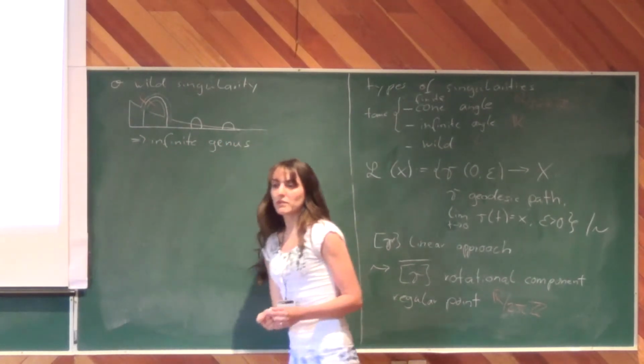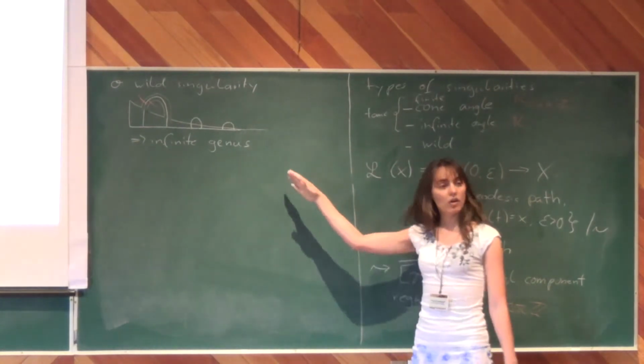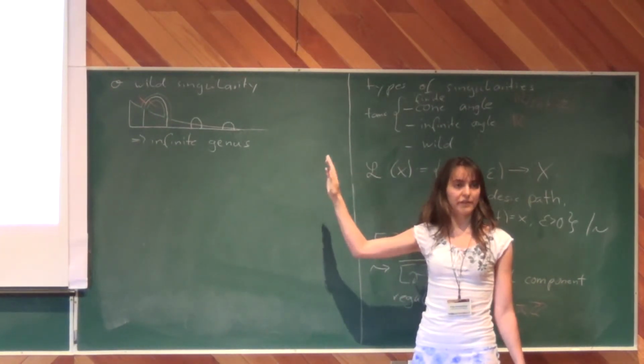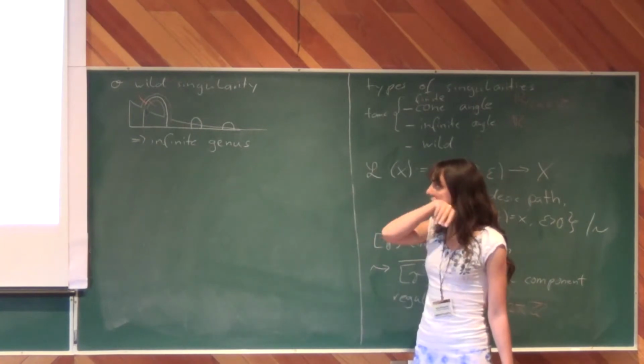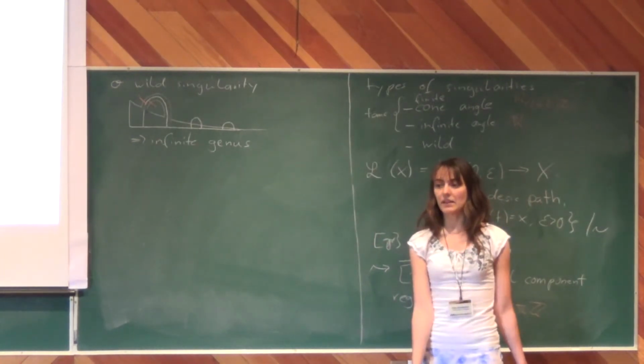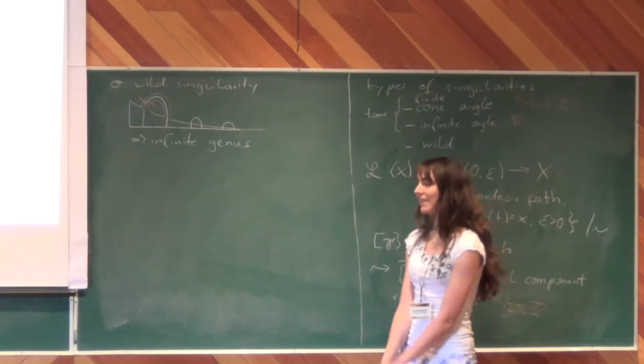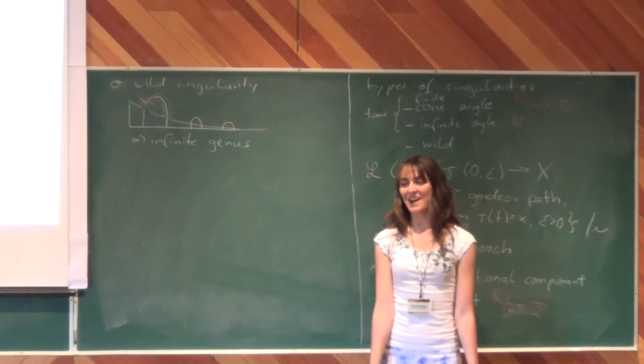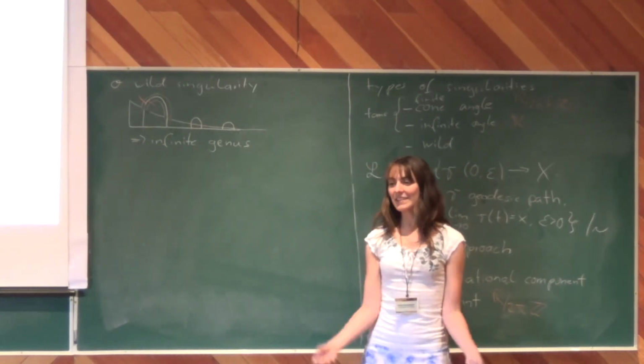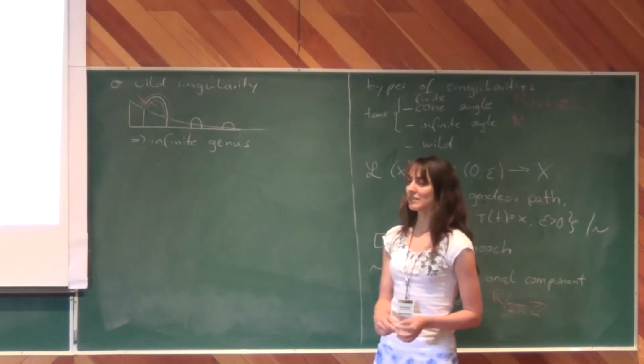And it would be very nice if this would work for all wild singularities on finite area surfaces, because this would have very nice corollaries. Ask Ferran about something, the analytic view of these surfaces.